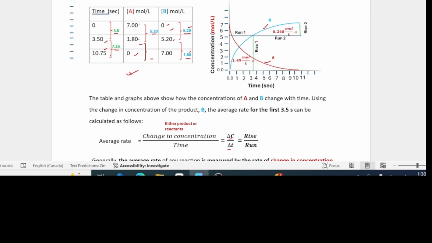For the next 7.25 seconds, that is the difference between that time there and that time there, the reduction in concentration of A is 1.8 moles per liter, because it is changing from 1.80 moles per liter to 0. For this same period of time, the increase in concentration of B is 1.80 moles per liter, since it changed from 5.20 moles per liter to 7.00 moles per liter.